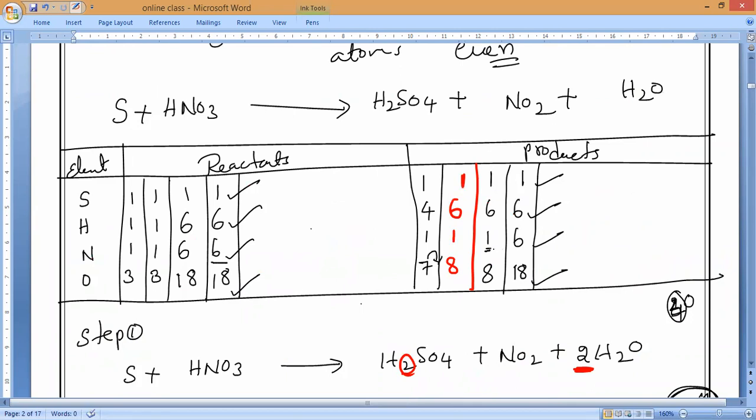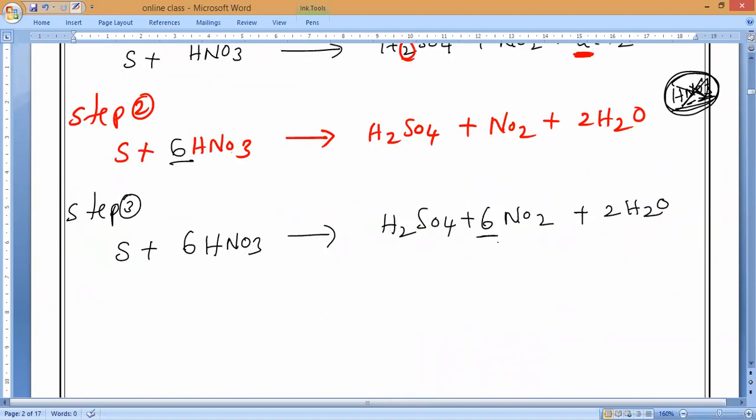So what I am doing, I am multiplying the nitrogen, wherever nitrogen is there, with 6. That's all. Understand, Sheshani? Okay, sir. I balance the nitrogen, and oxygen also becomes balanced. Why? Because I already made the oxygen into an even number. If I made the oxygen an even number, it is simply balanced. That is what is happening.